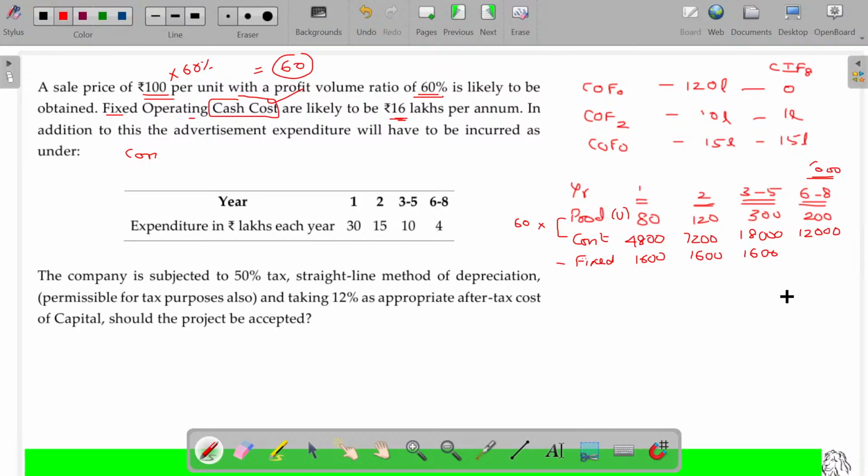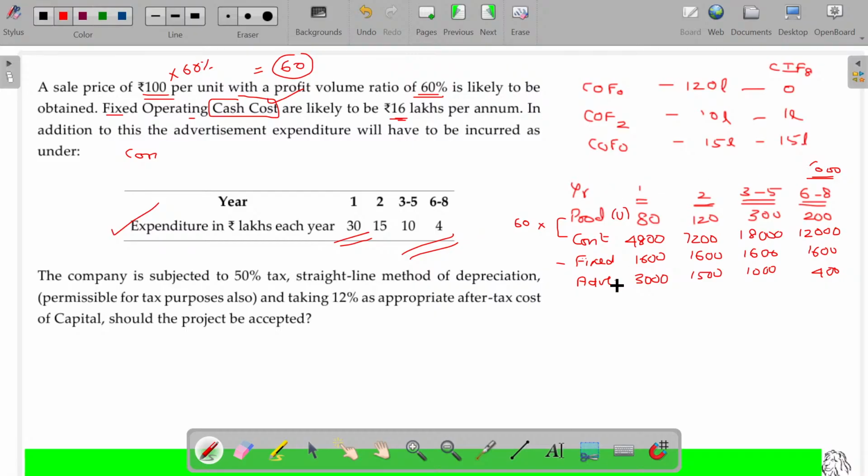I stand corrected, 200 into 60. 1,600. Apart from that, we have been given the advertisement expenditure. 30 lakhs in the very first year, which is 3,000 thousands, then 1,500 thousands, 10,000 thousands, 400,000. Is that clear?